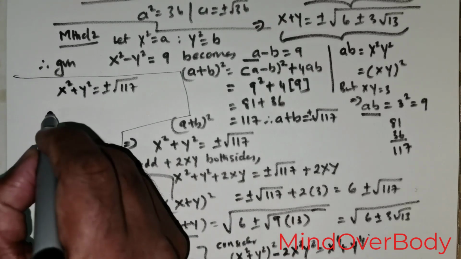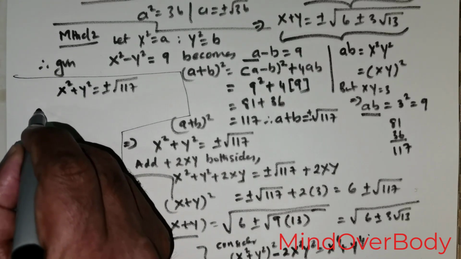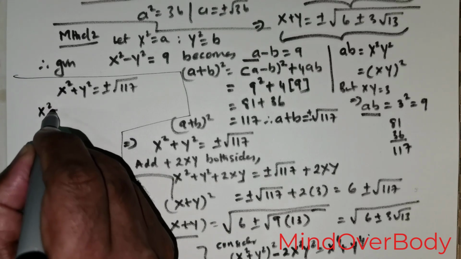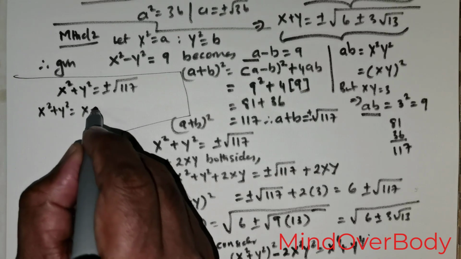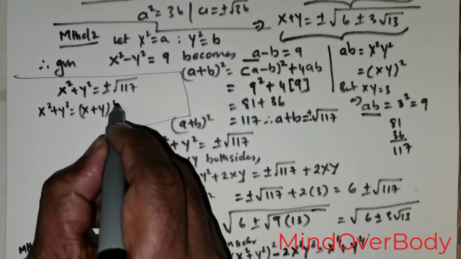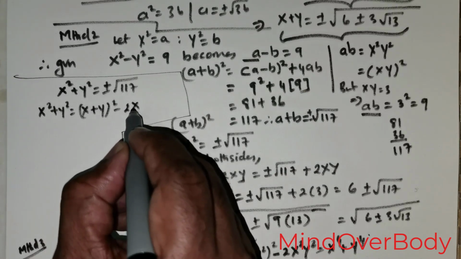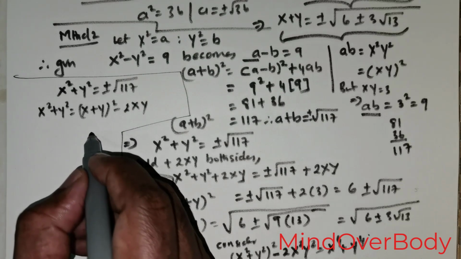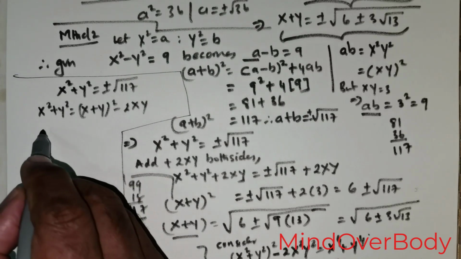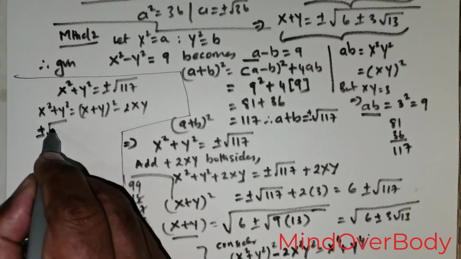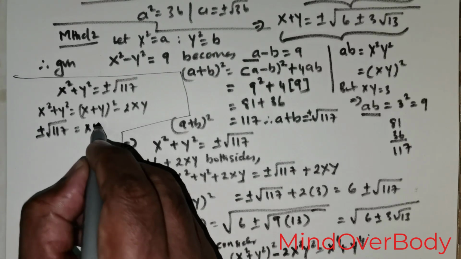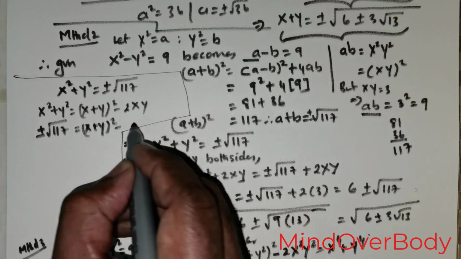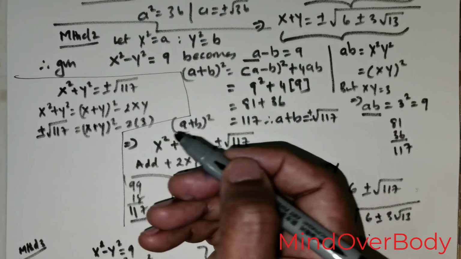This is what we've got. Now using an algebraic identity, I can rewrite x squared positive y squared as x positive y raised to the power 2 negative 2 times xy. Now x squared positive y squared is this. So I'm going to place plus or minus root of 117 is equal to x positive y raised to the power 2 negative 2 times xy, which is 3.